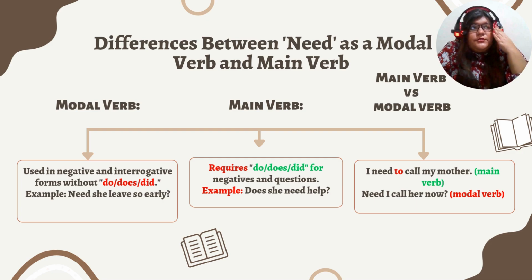If you see a sentence using an auxiliary verb of the present simple, like do, does, did, you will see, oh, it's a main verb. But if you see it without an auxiliary verb and without an s, even if the subject is in the third person, you will think, oh, it's a modal verb.